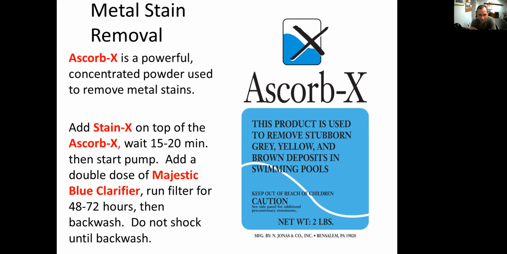Your pool needs to be clear first to do the stain removal. If you have a cloudy pool and you're trying to remove stains, you need to address the cloudy water first, which is probably being caused by not enough oxidizer, sanitizer, and algae or something like that. Not the filter not being clean enough. So that should be addressed first.